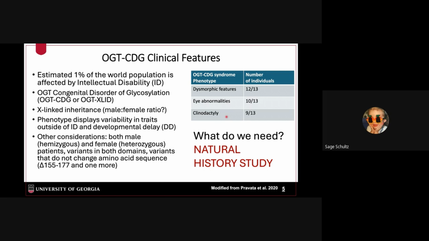However, I have not yet started the glucosamine because I have been waiting to meet with endocrinology to have some clear blood tests, and to finish all of the tests that Dr. Morava wanted me to finish before starting the supplementation. I will say the thing that we found out in the past couple months, especially with the University of Genetics, is they're more concerned about the muscle issues in me and my sons.